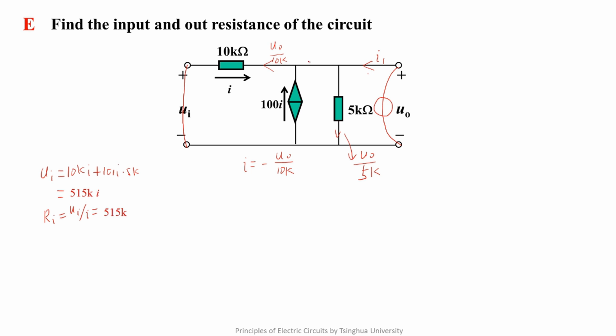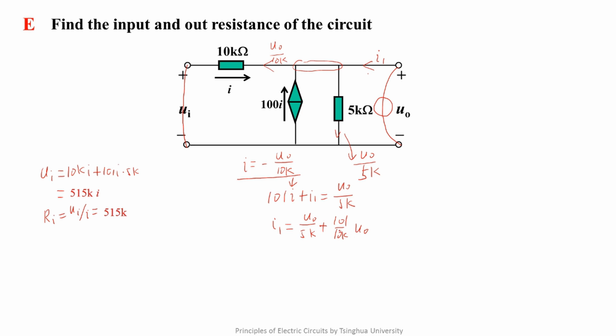By applying the KCL at this node, we get that 101I plus I1 is equal to UO over 5K. By substituting this expression into this equation, we get I1 is UO over 5K plus 101 UO over 10K.